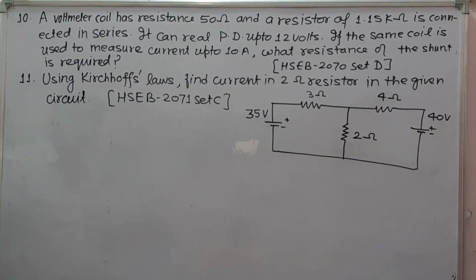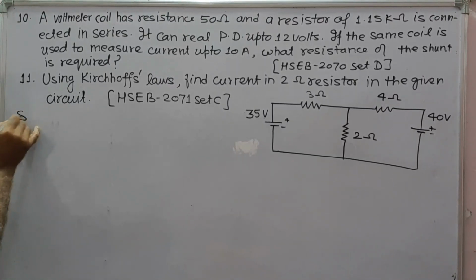A voltmeter coil has resistance of 50 ohm and a resistor of 1.15 kilo ohm is connected in series. It can read a potential difference up to 12 volts. If the same coil is used to measure current up to 10 ampere, what resistance of the shunt is required?